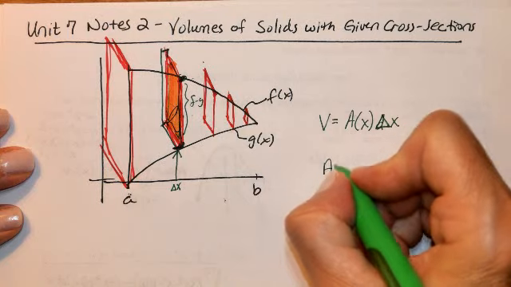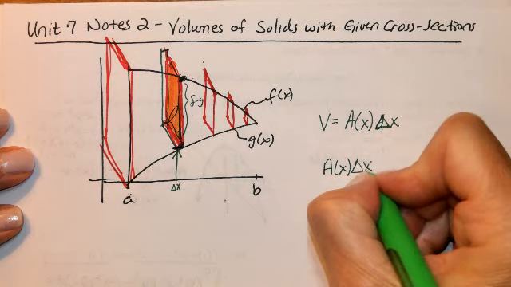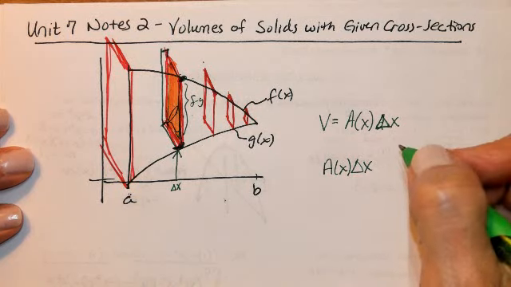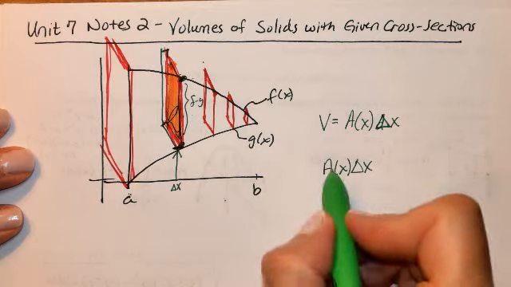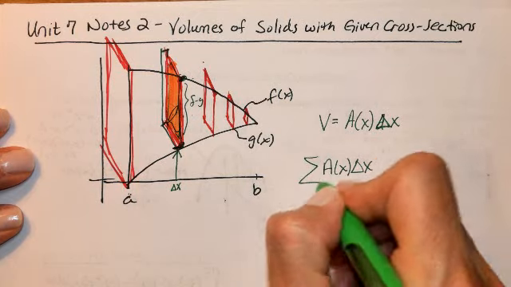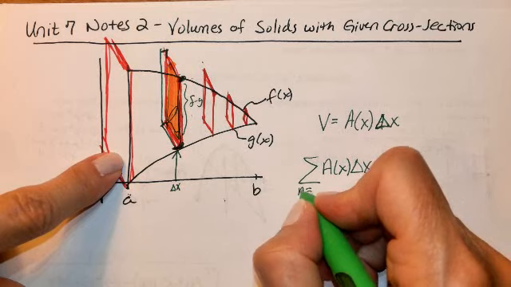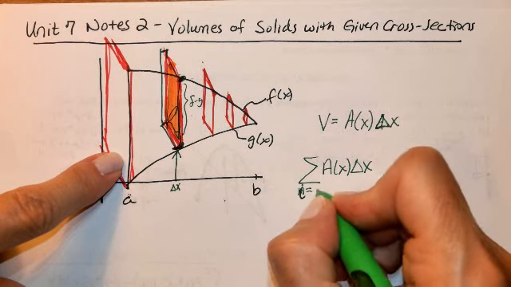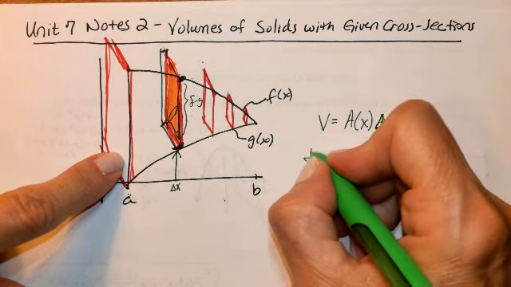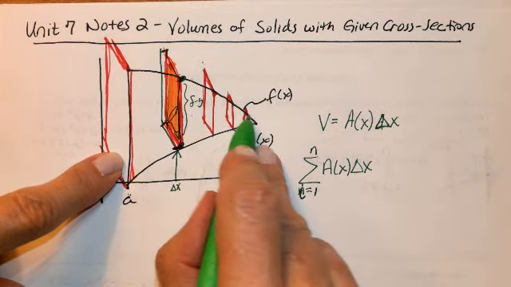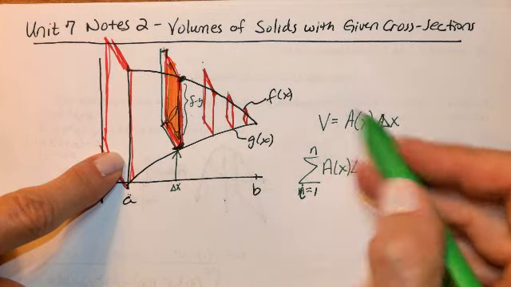What are we going to do with all of those slices? Well, with all the areas, we're going to add up all the areas from i equals the first one to the nth one, if we have n slices. And then what are we going to do with n?